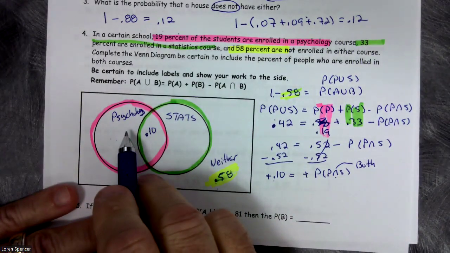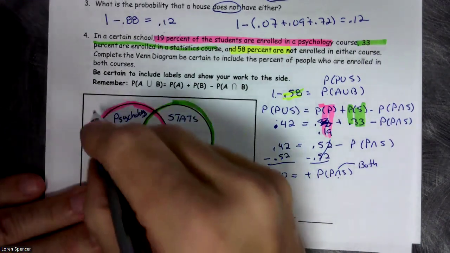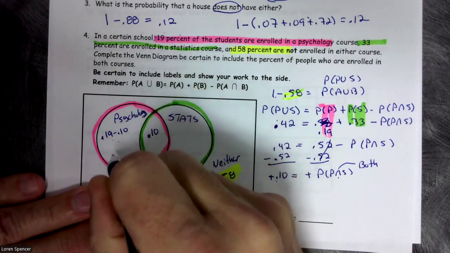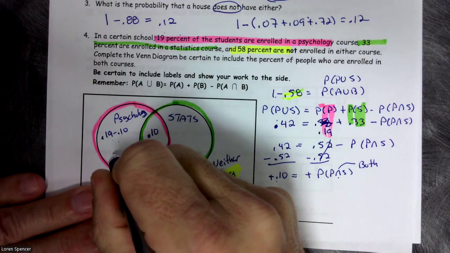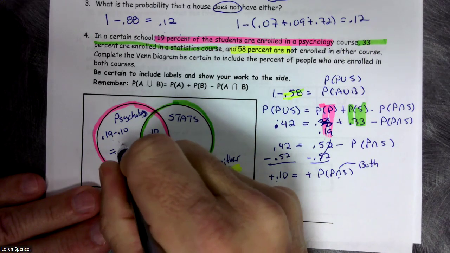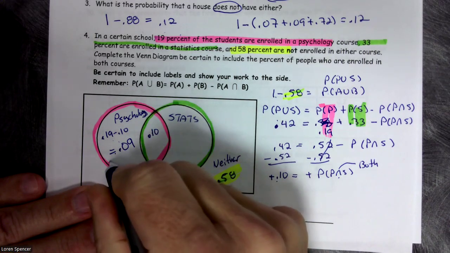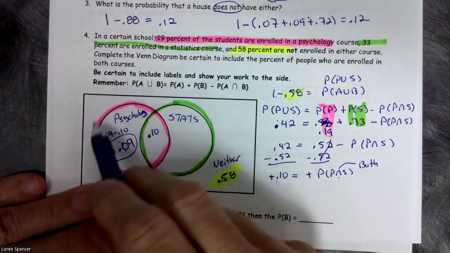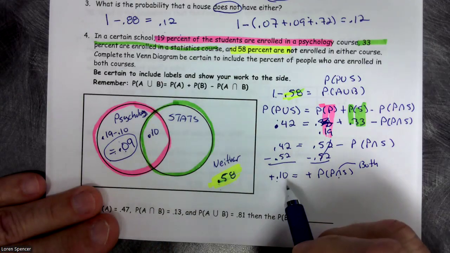Well, the probability of stats only is going to be 0.33 minus the 0.10, which equals 0.23. Because stats, once we began, they told us it was 33%. It's this plus this. Okay?